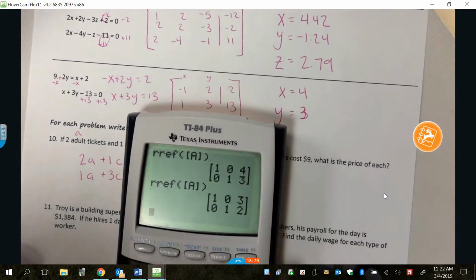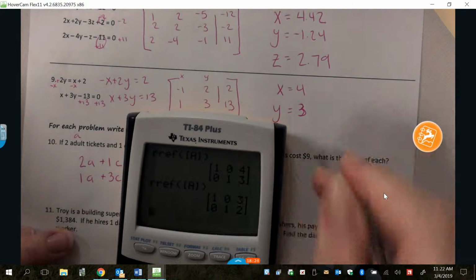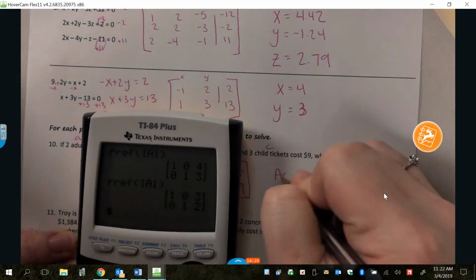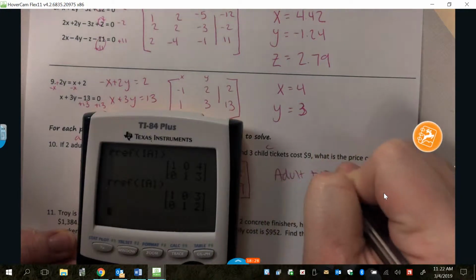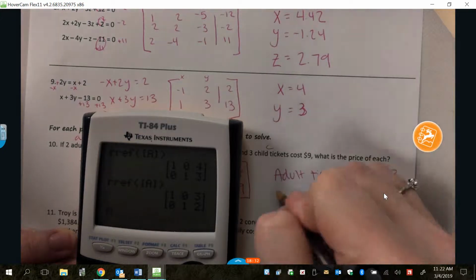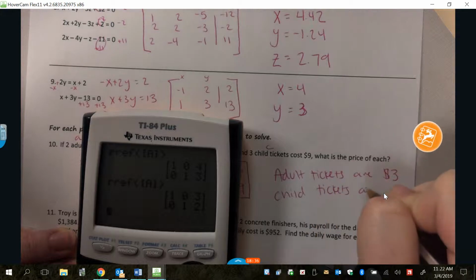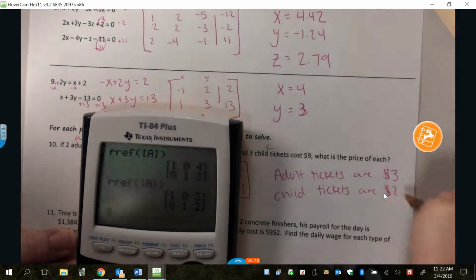So that means, remember it was order A, C, so adult tickets are $3. Child tickets are $2.